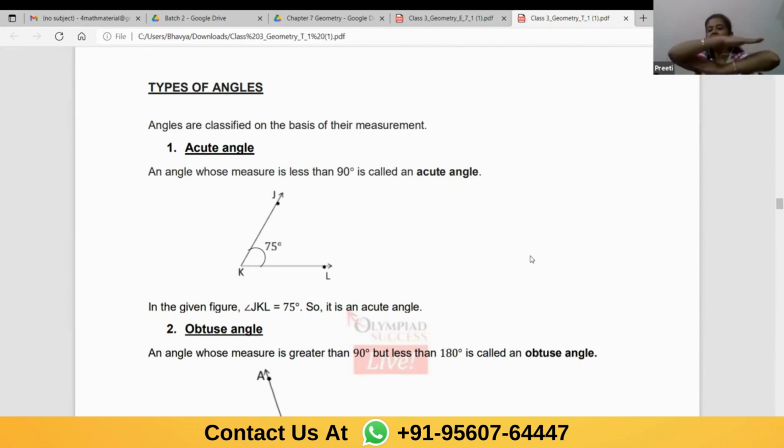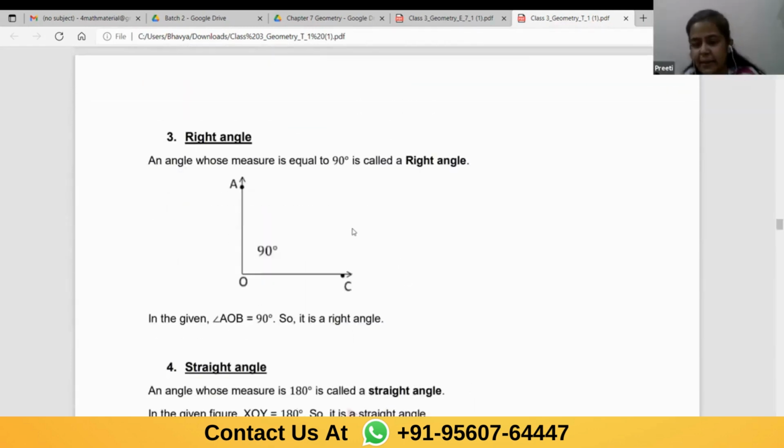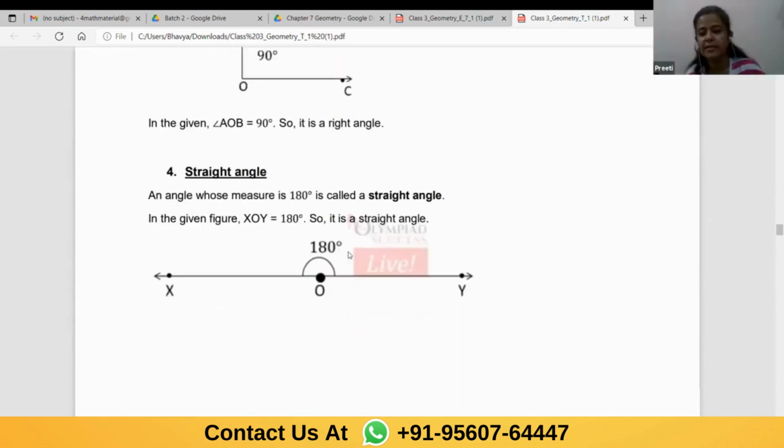So an acute angle is more than 0 but less than 90, but an obtuse angle is more than 90 but less than 180. This is the right angle. Anything between 0 and this L shape is acute. Beyond this L shape, going till here, this is a straight angle.